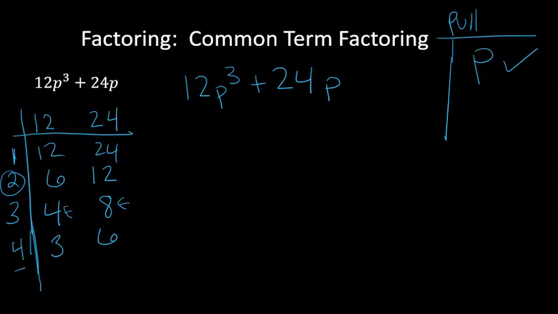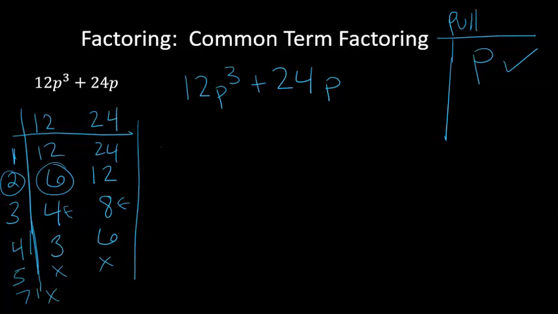I can't do a 5. That's not going to work. 6, I could do that. It's going to get me something similar to this row. 7 is not going to work. 8 is not going to work. 9, that's almost there, but it's not going to work. 10 is not going to work because it's going to be uneven. 11 is not going to work.